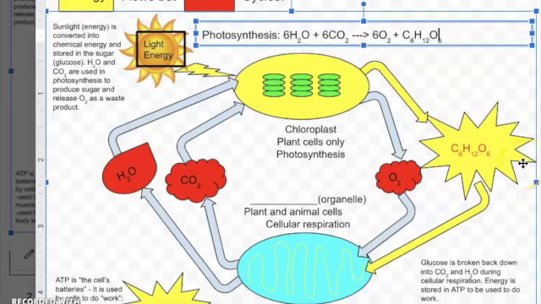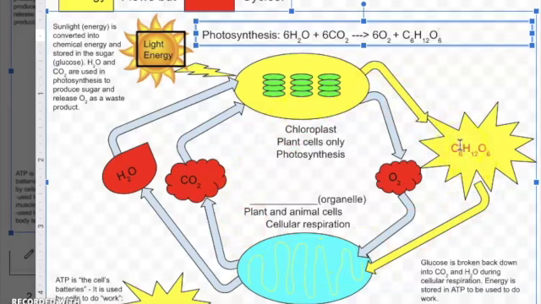Well, that's because when we're thinking matter, we're talking about the atoms that are cycling through the system. So our carbon, hydrogen, and oxygen atoms that make up all of the molecules involved in photosynthesis and cellular respiration, they are being cycled through the system.